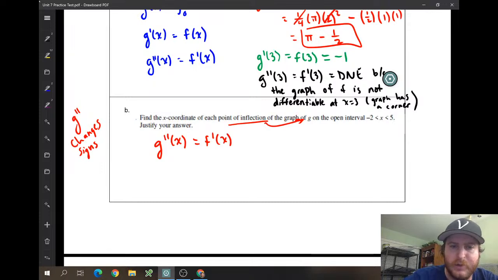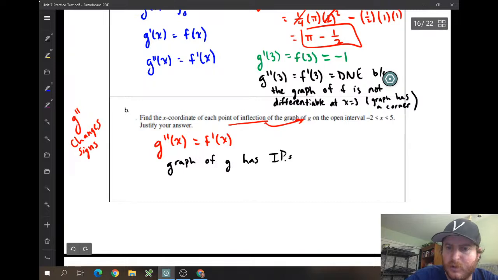So we will say the graph of g has inflection points at x equals 0 and x equals 3.